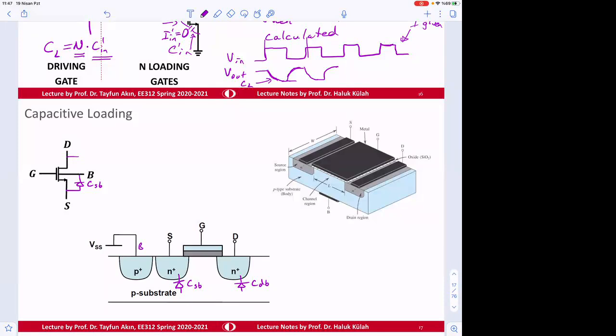Bulk is P, so I think I drew this wrong.